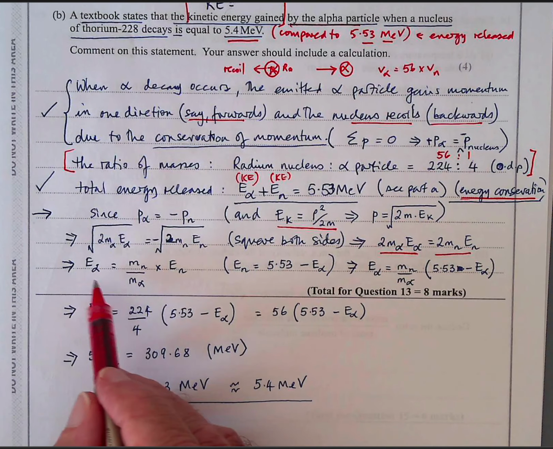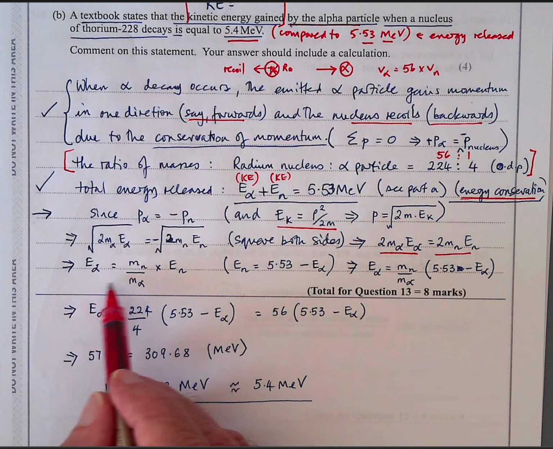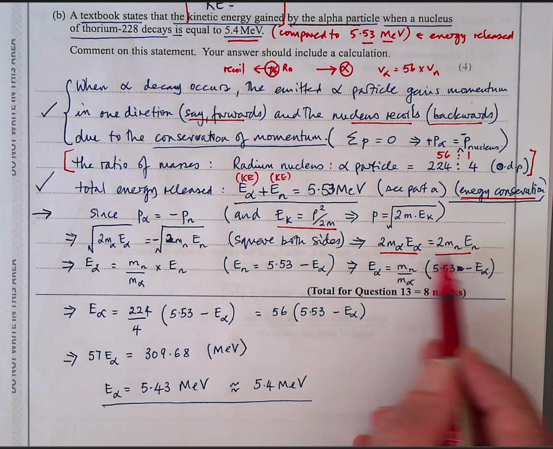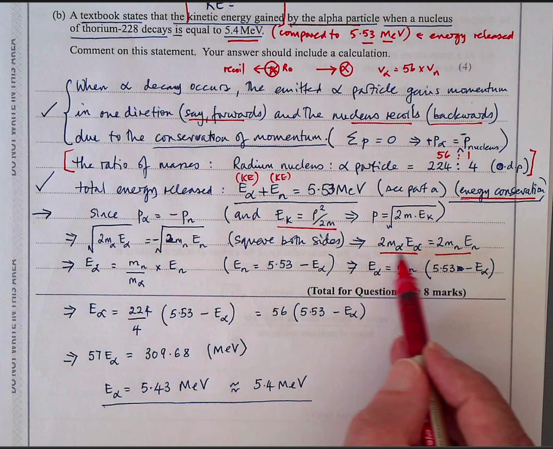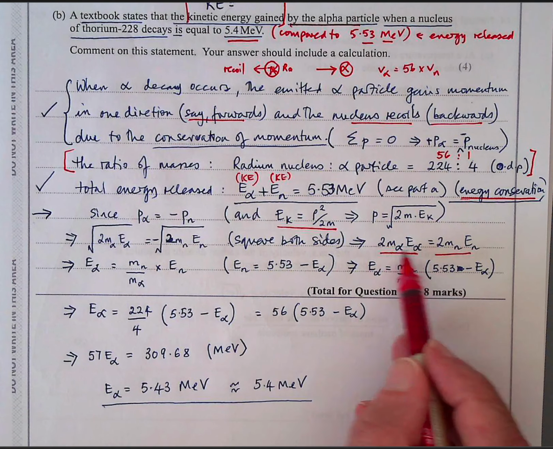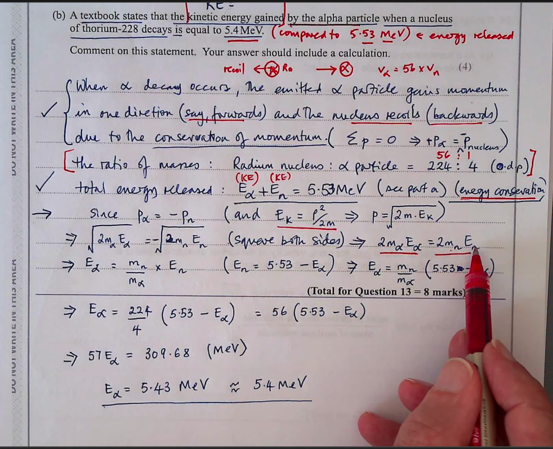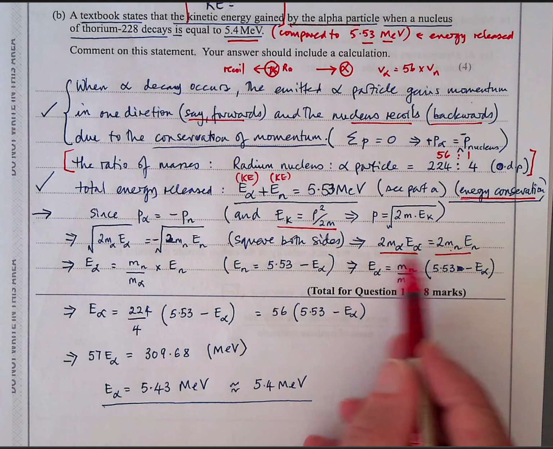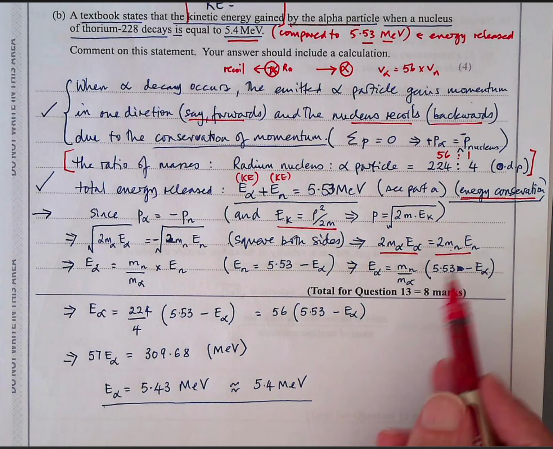So once you do that, you've got rid of the square root signs. The 2's cancel out, and you have the mass of each one on each side, the energy of each one on each side. In other words, the mass times the energy should be equivalent on both sides.